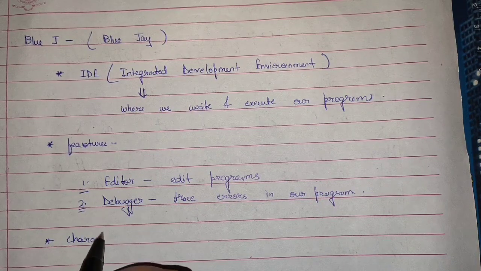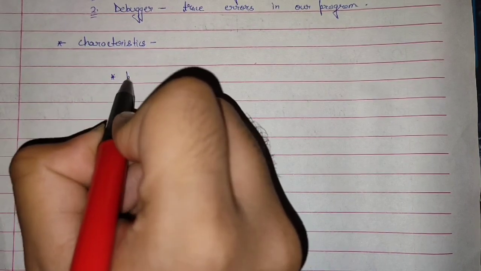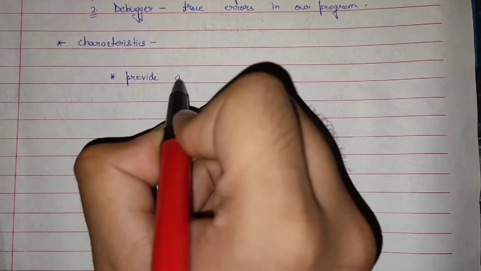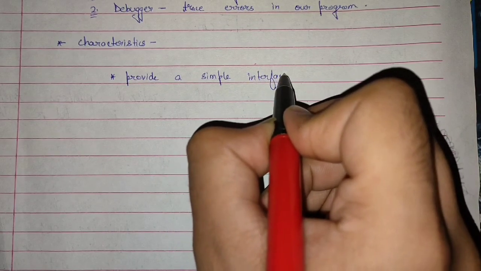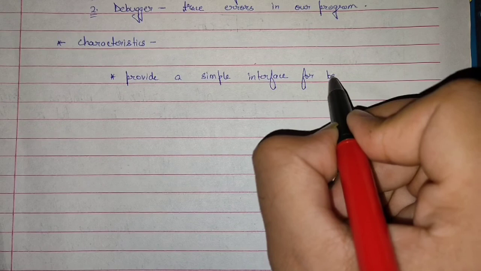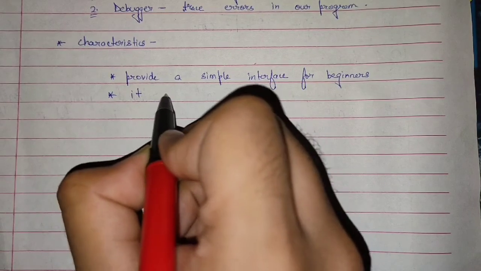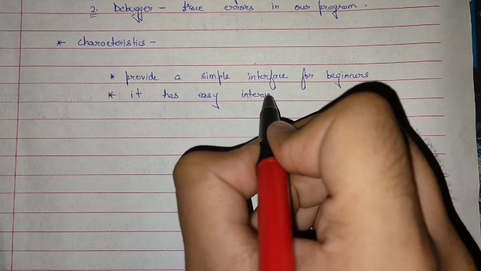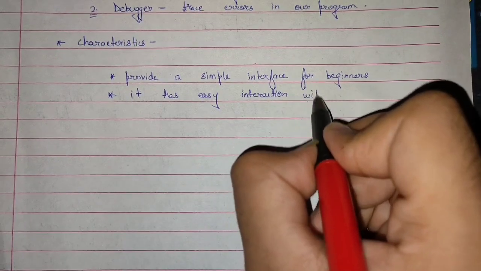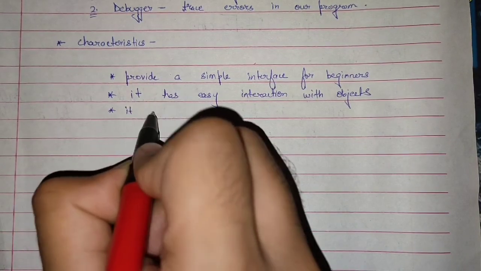Characteristics of BlueJ. It provides a simple interface for beginners. It has easy interaction with objects and it is portable.